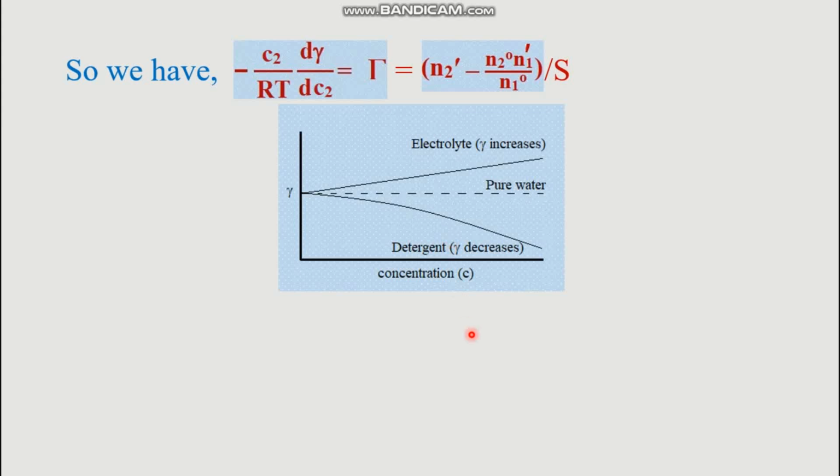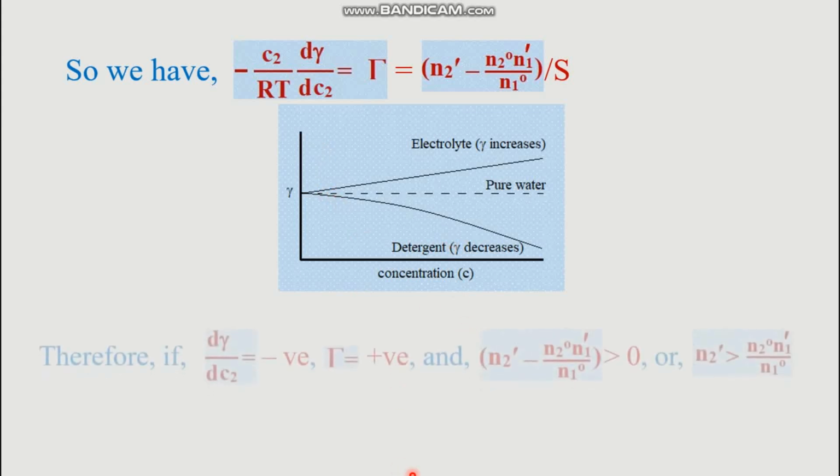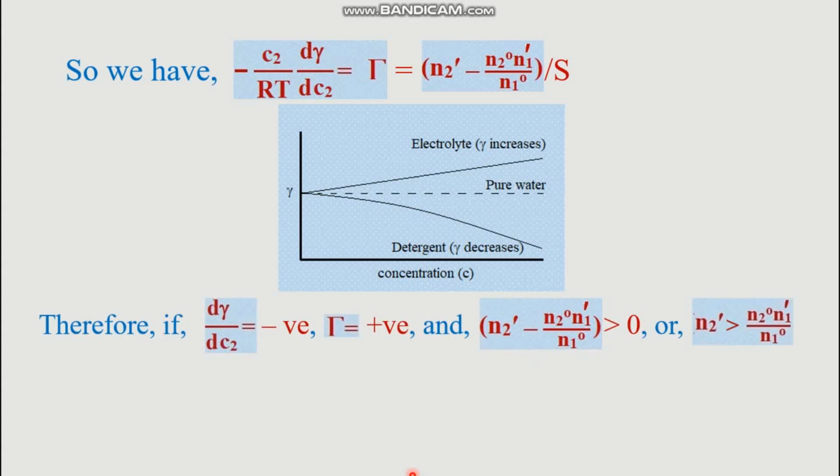recall this graph again. So here we can explain the terms positive adsorption and negative adsorption. If d gamma by dc2 is negative, that is, the curve has a negative slope, then this is negative, and this is also negative.